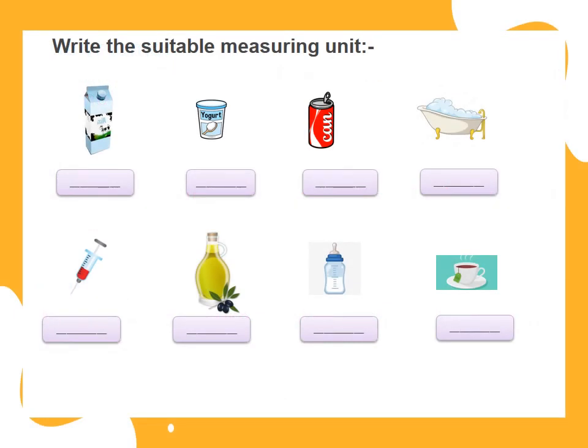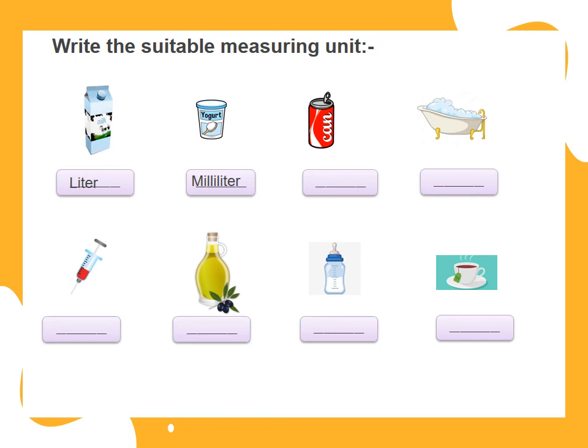Okay, let's write the suitable measuring unit. We agreed that we use the liter for a large amount of liquids, and we use the milliliter for a small amount of liquids. Let's start with this bottle of milk. We can use milliliter or liter? Liter, excellent. And the yogurt, milliliter, it's a small amount.